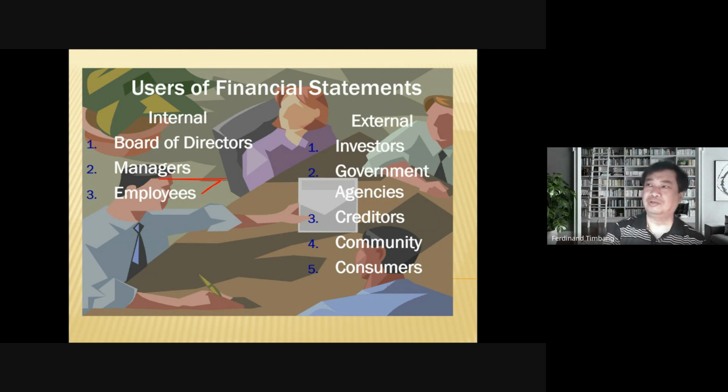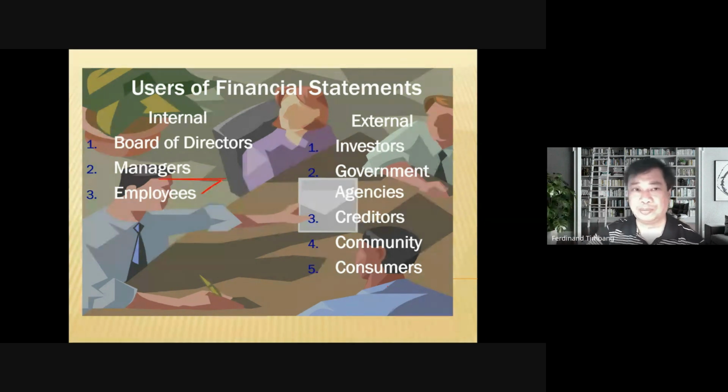So yung external, depende na yan, syempre. So ano ba yung mga investors natin? If they would like to invest, they look at the financial statement. Tapos yung creditors natin, if they would like to lend money to you. And then the community and consumers.